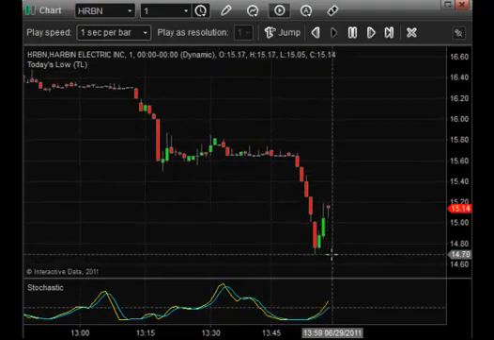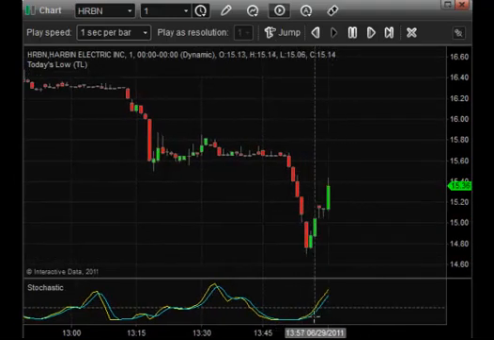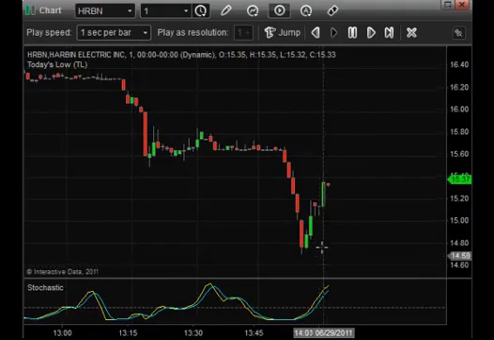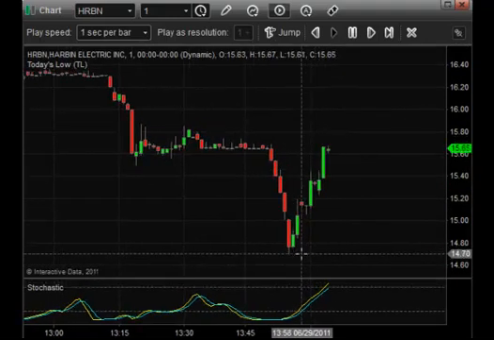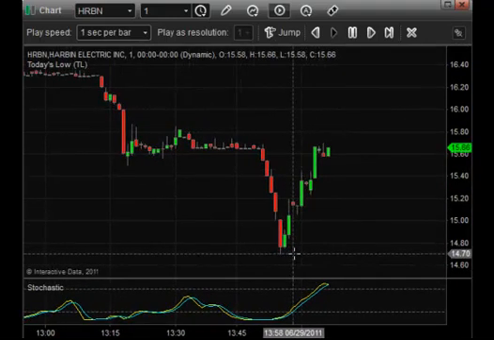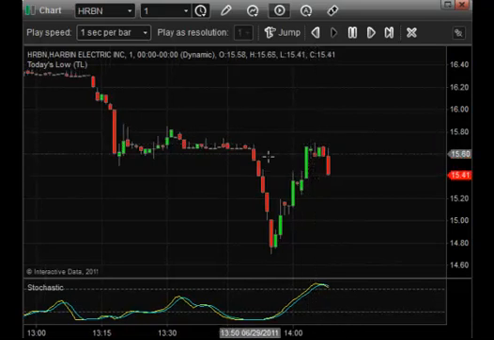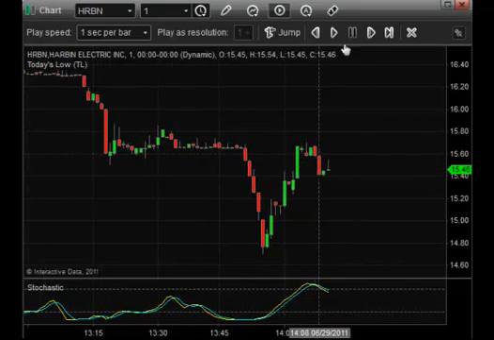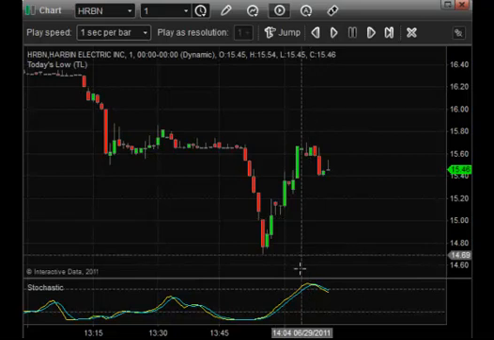But immediately it hit 1470, spiked up, and you can see the stochastics pointing up. And in the course of about 9 minutes, this thing went from 1470 to 1570 for a $1 move. You can see also the stochastics immediately went into the oversold.